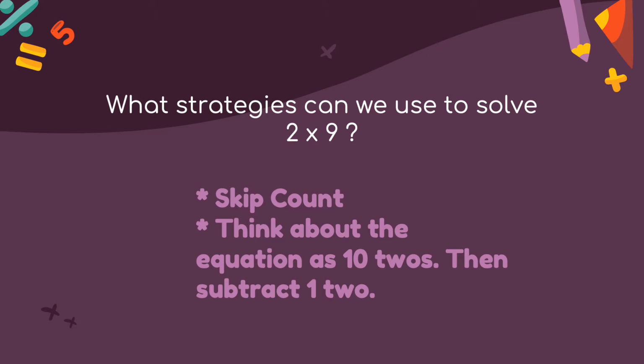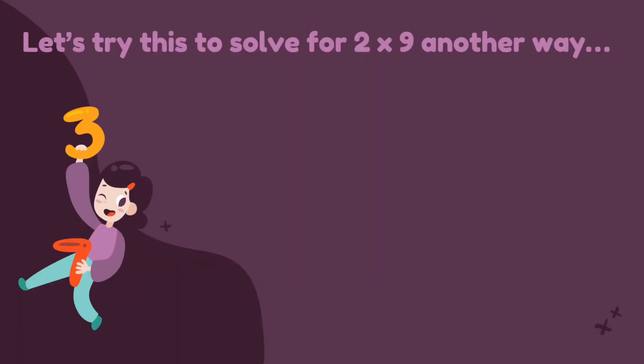Today, we are going to work on solving this multiplication problem and other multiplication problems with nines in 2 other ways. So I'm going to give you 2 other strategies that work just for the nines. All right. So let's try solving that exact same equation another way.